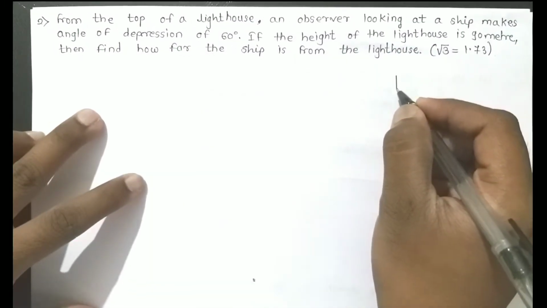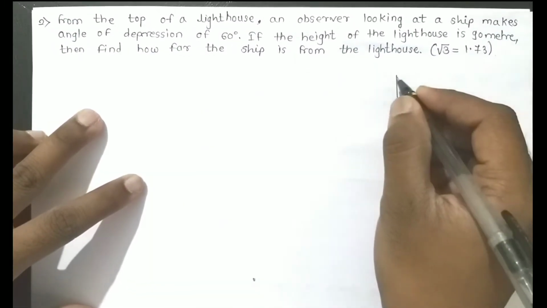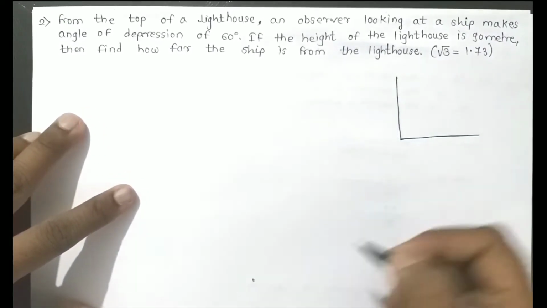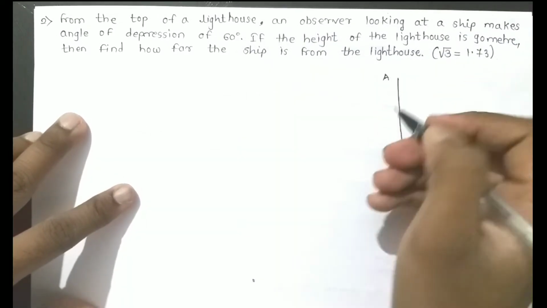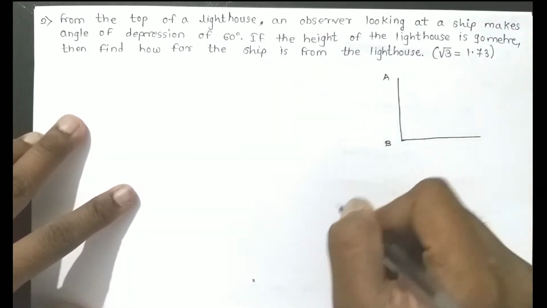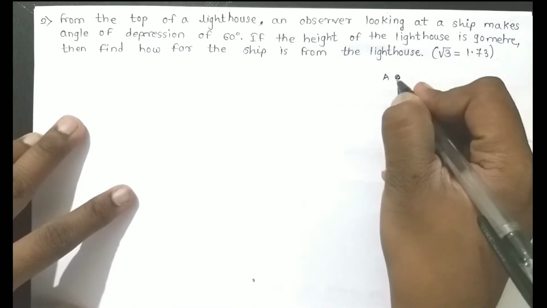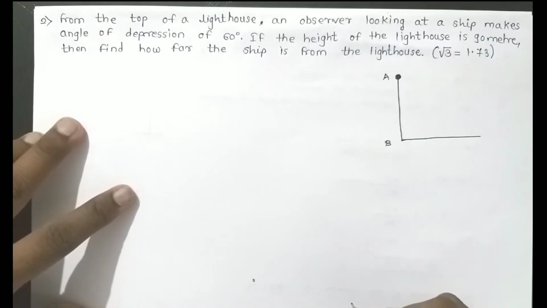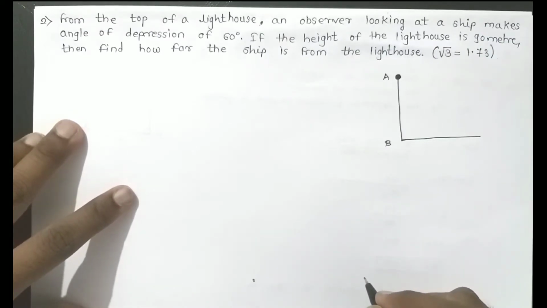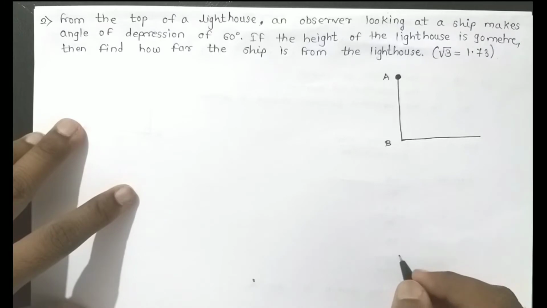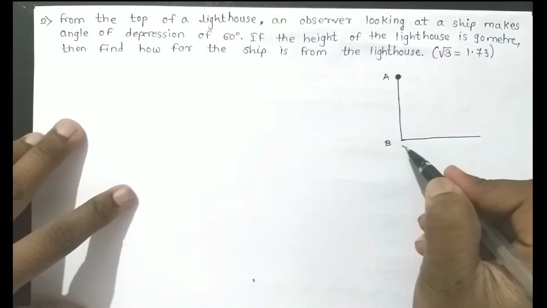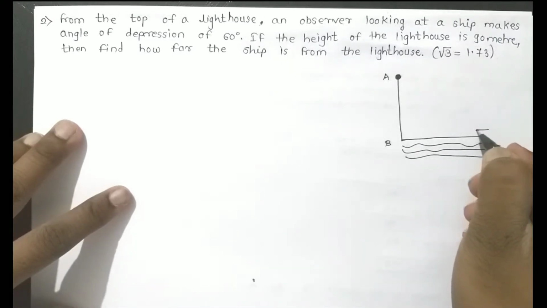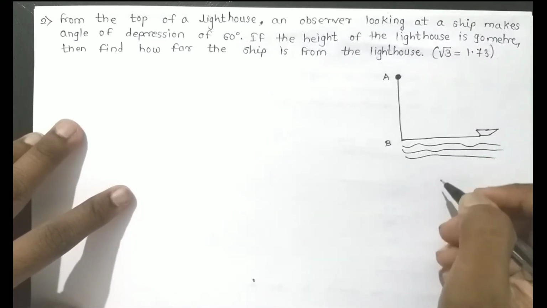So again I draw a vertical line, and it is the lighthouse AB. The position of the observer is at A, because it is at the top of the lighthouse. The observer is looking at the ship. If this is the lighthouse, then here is C, and here there is a ship.